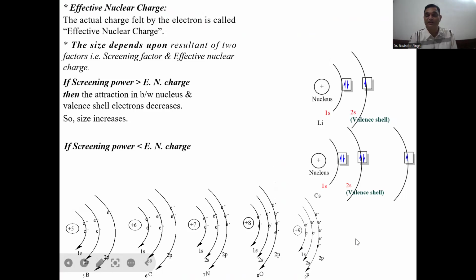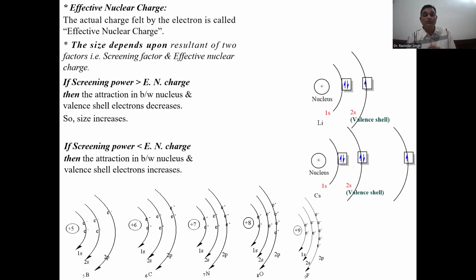So we can see that on moving left to right in the same period of the periodic table, the electron enters the same subshell, meaning the screening effect remains the same.